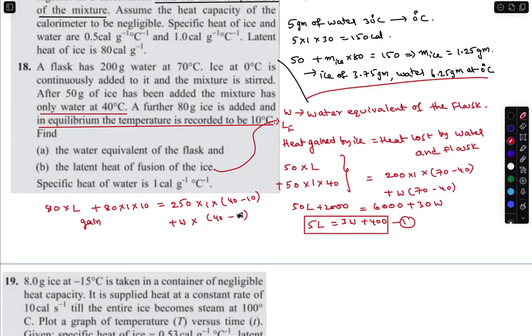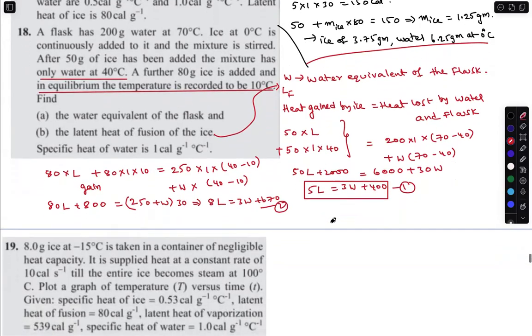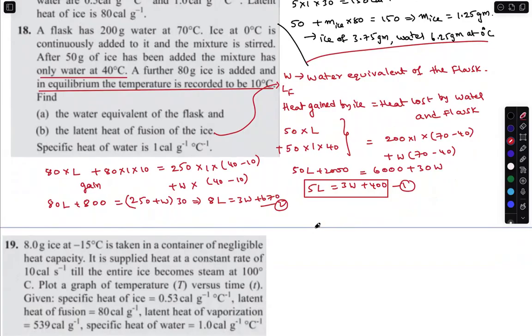Now, solving which you will get one more equation. 80L plus 800 is 250 plus W times 30, by which you can write one more equation as 8L is 3W plus 670. Equation 2. Done. To solve both, you will get L as well as W.